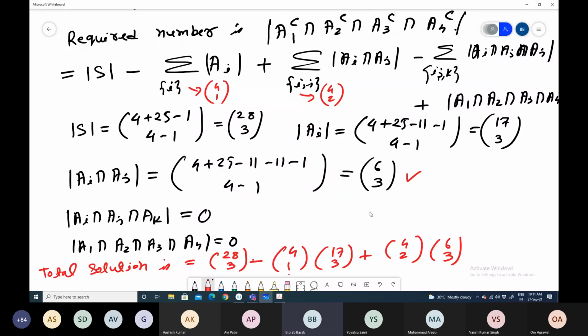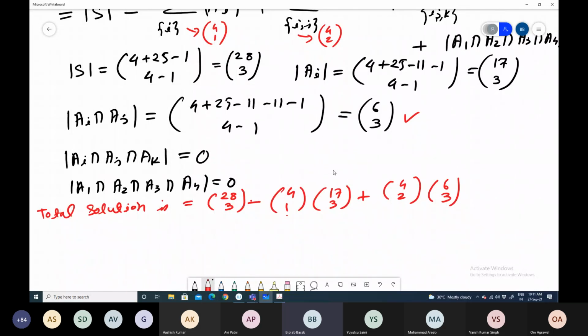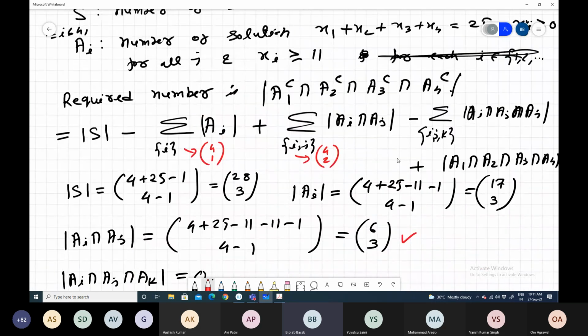If you want, you can calculate this as well, if you use a calculator. Or you can leave it in this way as well. But I think it is better to calculate it if you are using a calculator, because some of you may use a different kind of argument and it is easy to verify that it is the right solution or not.